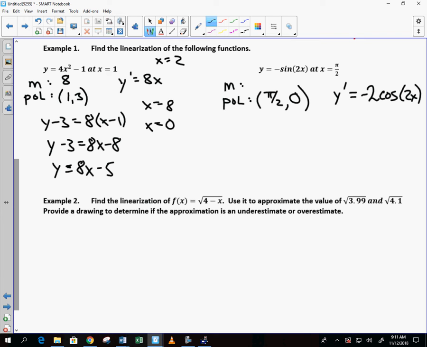So the cosine of pi is negative 1, times negative 2 is 2. So y minus 0 is equal to 2 times x minus pi over 2, or y is equal to 2x minus pi. That's the linearization.